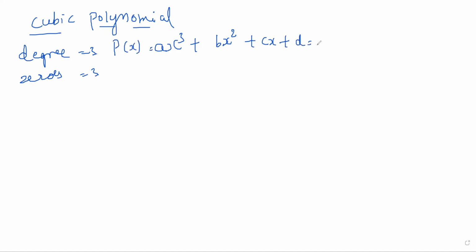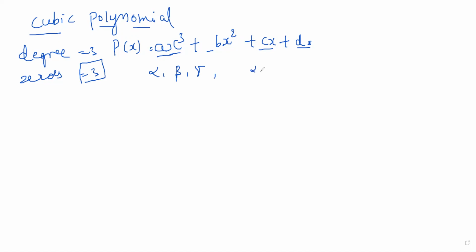Here x is the variable, and a, b, c, d are the constants. Since we have 3 zeros, we take alpha, beta, gamma as the three zeros of the polynomial.